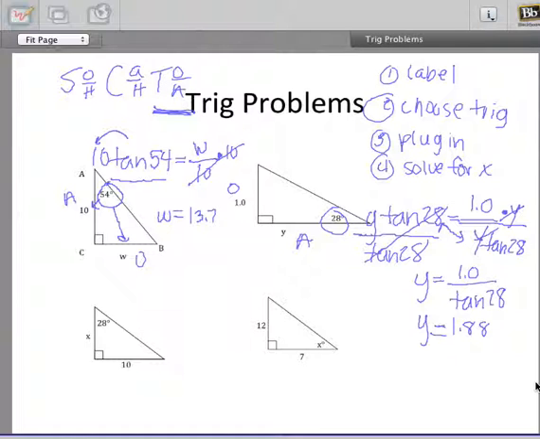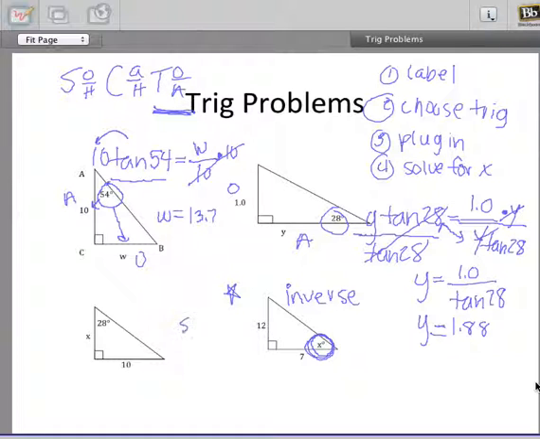The last type of problem I want to talk to you guys about is when you're looking for a missing angle. When you're looking for an angle, you have to use the inverse function. And if it's a TI-83 or TI-84, then that would mean you just hit the second button and then the trig function.